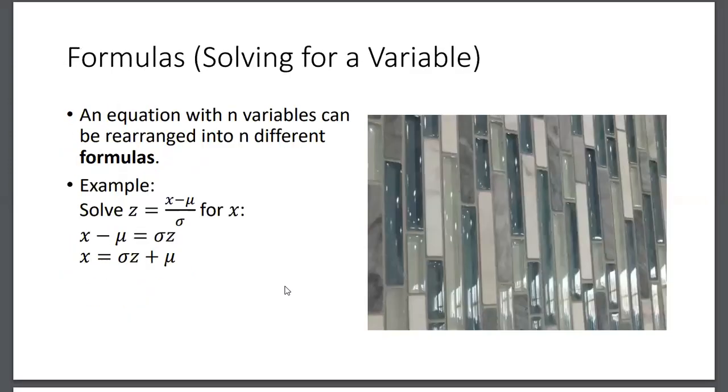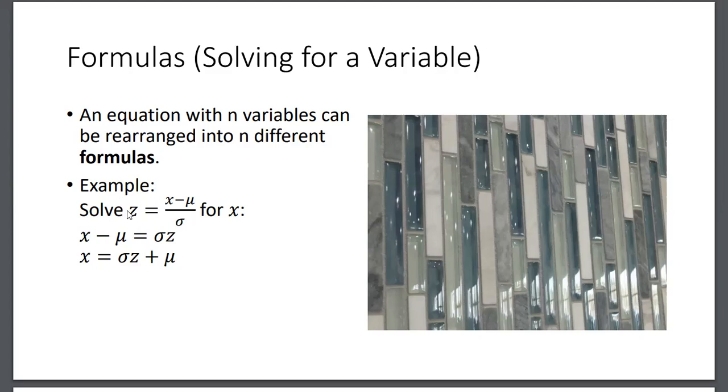Formulas. Solving an equation for a variable. An equation with n variables, where we're dealing here with n more than 1, like 2, 3, 4 variables, can be rearranged into n different formulas. A formula is where one of the variables is isolated by itself on the left-hand side.